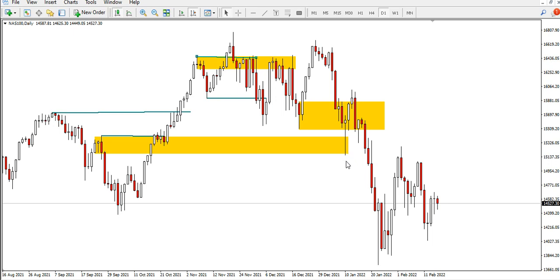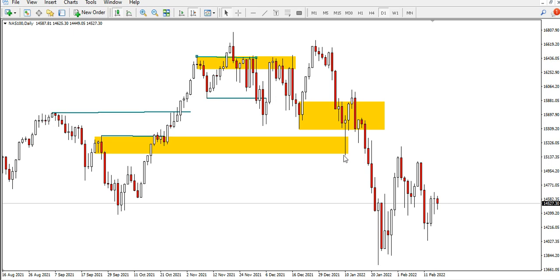Okay, so this move up on its own, it's a bullish structure. Then this move down on its own, it's a bearish structure that broke this bullish structure. And where was it broken? In this wick here. So we still have 1, 2, 3 structures that got broken in a bullish direction.